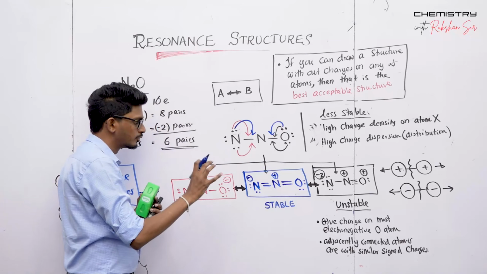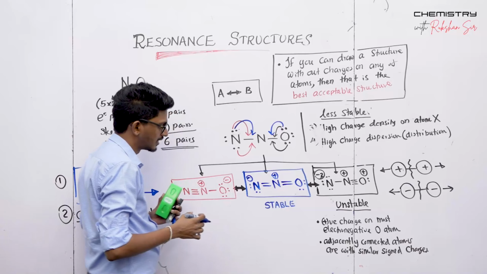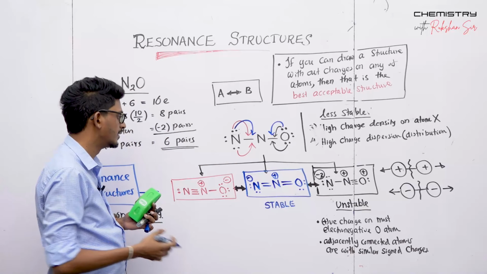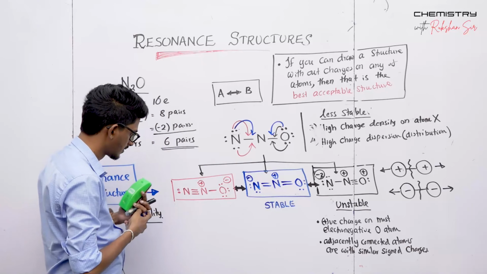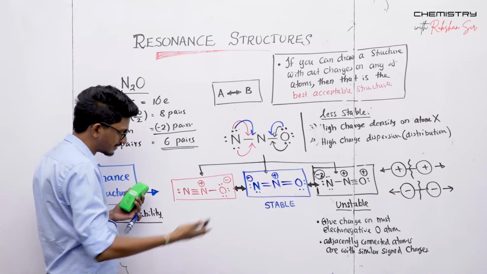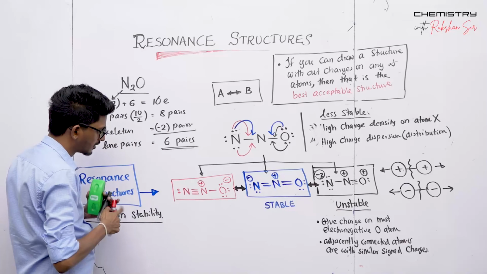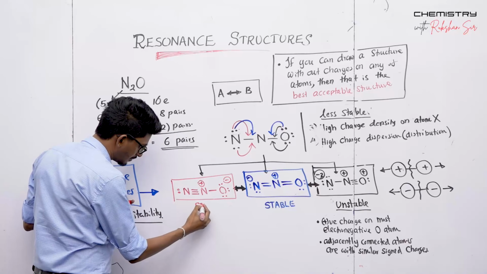If the two reasons to become unstable or less stable are not there, then your structure is stable. If it is not unstable and not less stable, then it is stable. So these two structures are considered as stable.